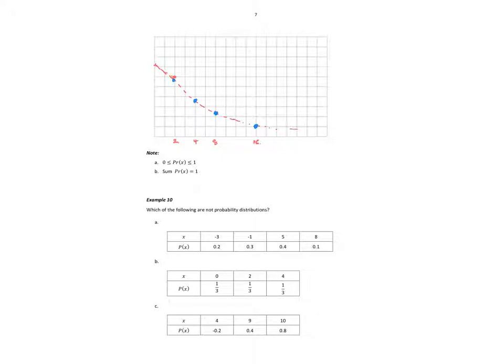So the red line doesn't exist, so I'll rub it out just to clarify. The red line doesn't exist. So they're the points. That's the graph, if you like, of that particular probability function. And again, each probability is between 0 and 1, and the sum of the probabilities is 1.